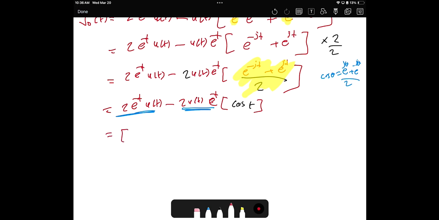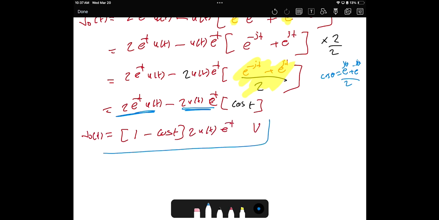So the answer will be 1 minus cosine t, or even I can say it like this one, 2 u of t equal to 3 volts. This is u of t. Okay? This is the simplest form.